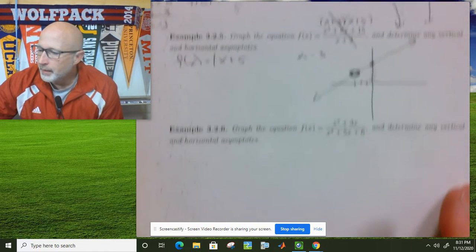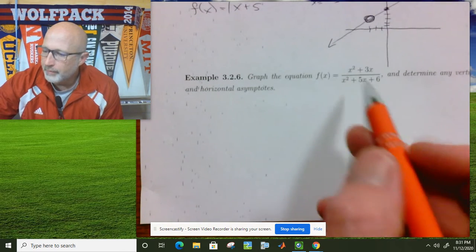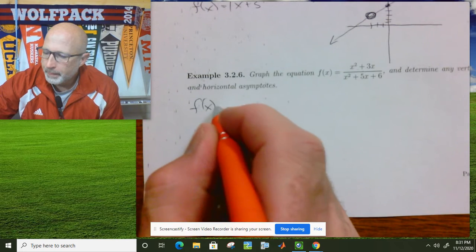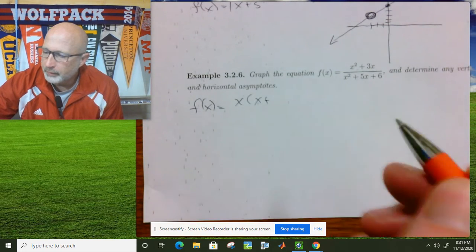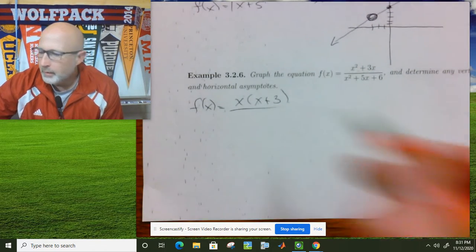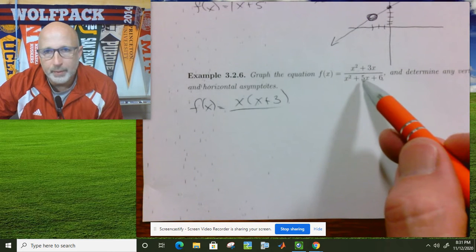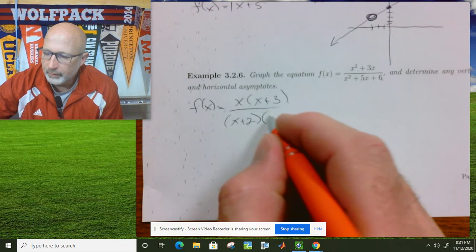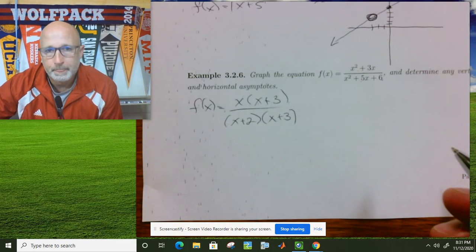Okay? And then the last one here, so let's go ahead and factor an x out of the top. I have x times x plus 3. And on the bottom, what are the factors of 6 that add up to positive 5? Well, that's 2 and 3. So I have x plus 2 times x plus 3.